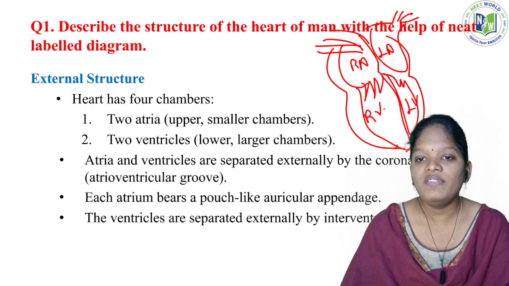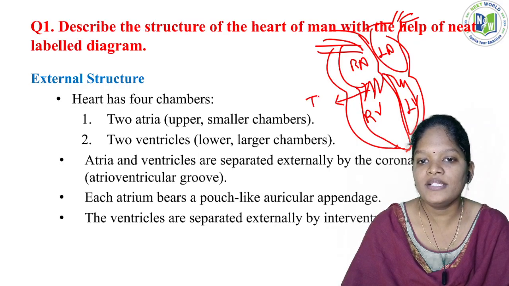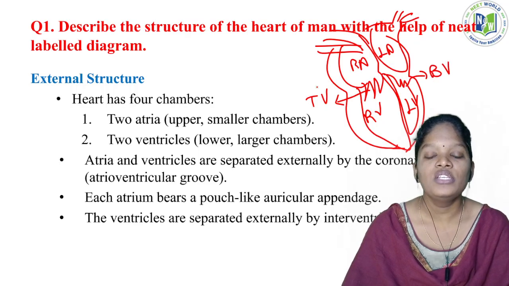Between these two chambers we have a valve which is called the tricuspid valve, and between these two chambers we have a valve which is called the bicuspid valve.